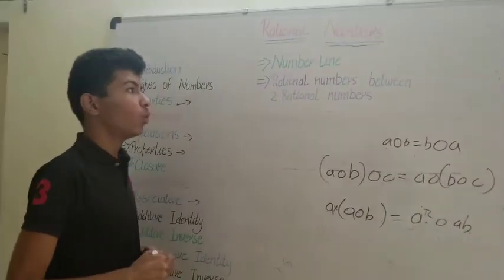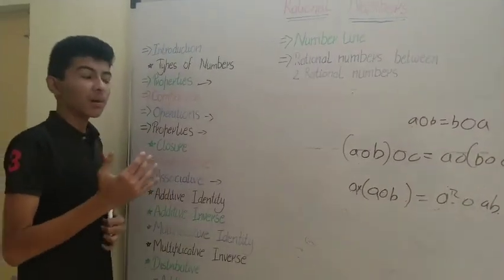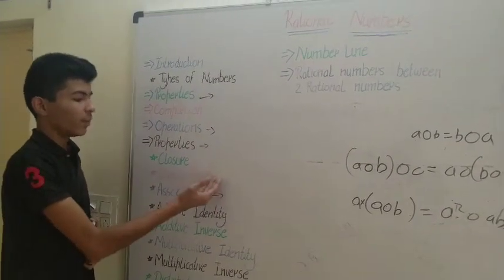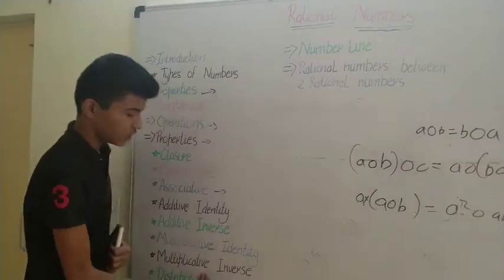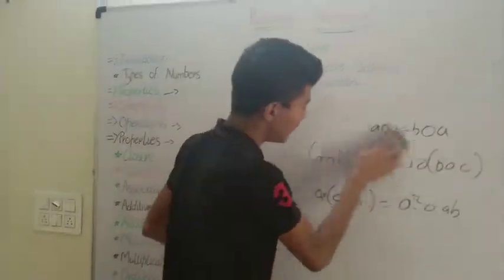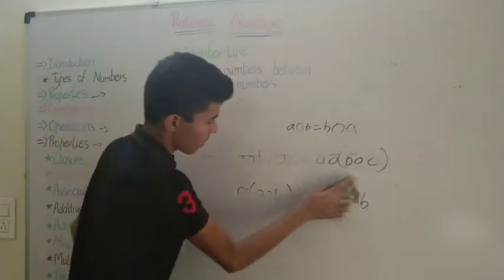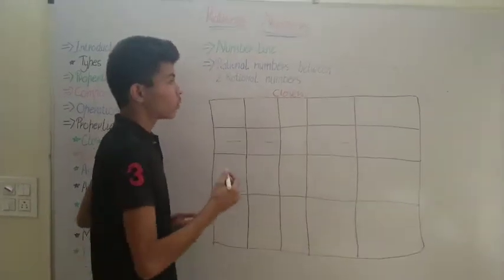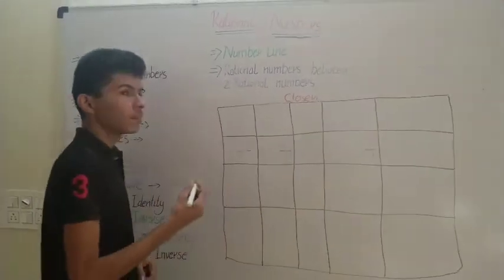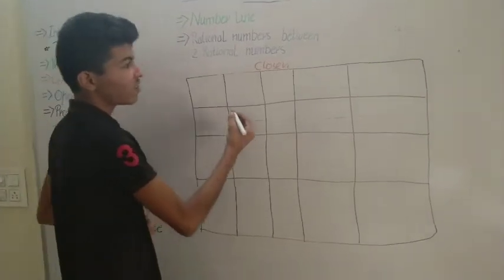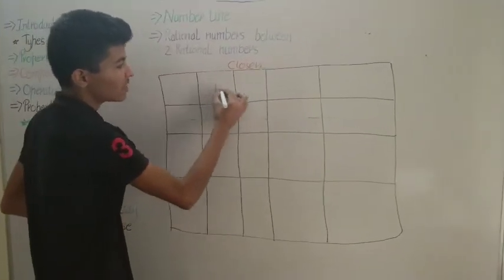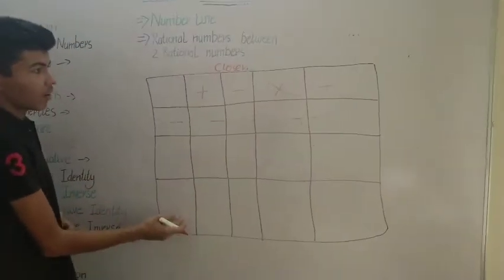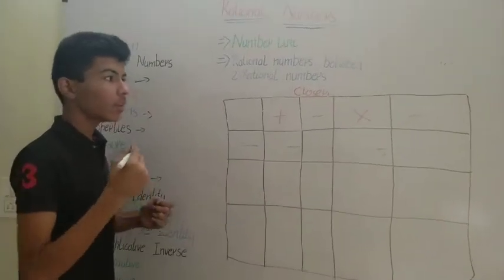Now let us find out which numbers are closed under the closure property, the commutative property, the associative property, as well as the distributive property. So let me make the table for it. Now we are going to learn about the closure property. On one side we have the operations, that is plus, minus, multiplication and division, and on this side we have the numbers.